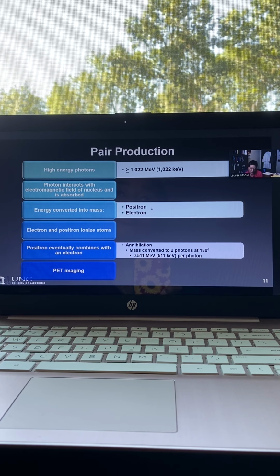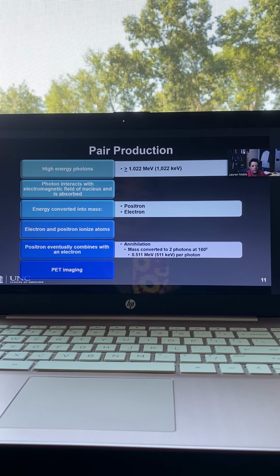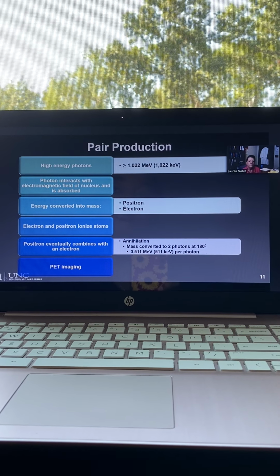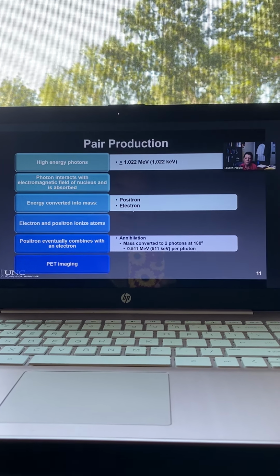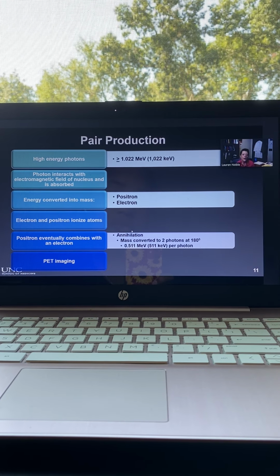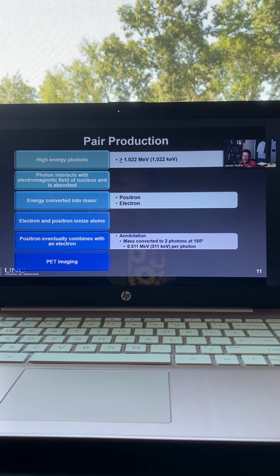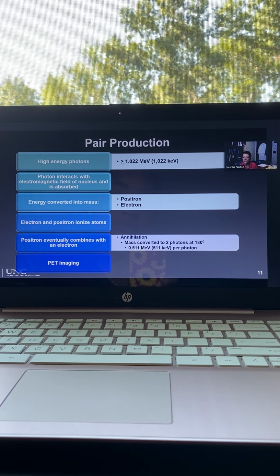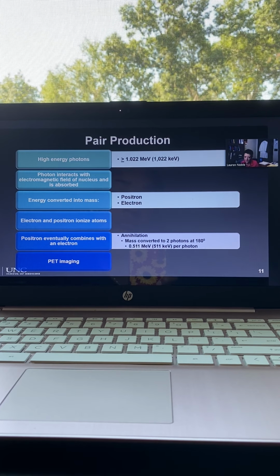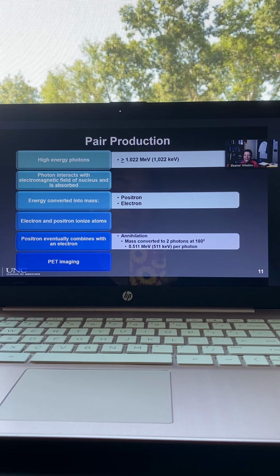Make sure you know that when the photon interacts with the nuclear field, the energy gets converted into a positron and an electron. And when the positron and electron try to recombine, it's referred to as an annihilation event, because they get annihilated.